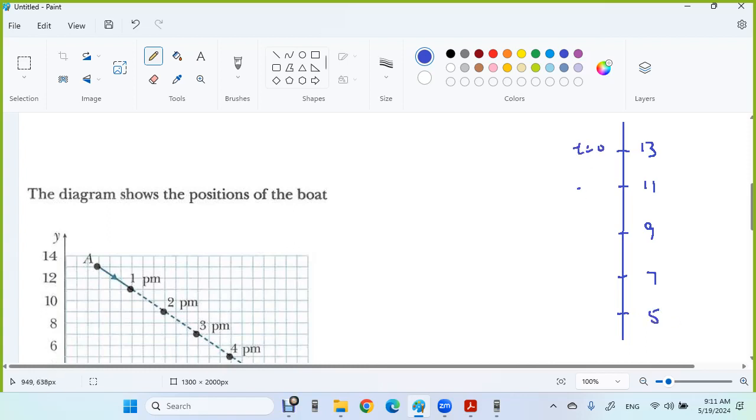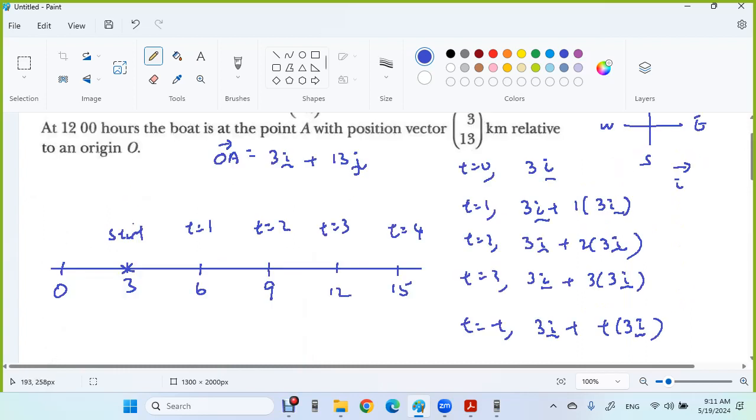So t equal to 0, 1, 2, 3, 4. So it goes downward 2 units, whereas just now the x goes to the right 3 units.